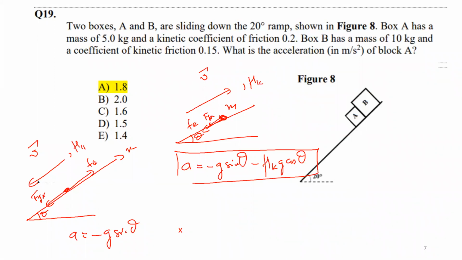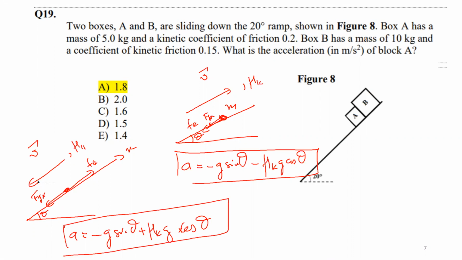So you'll have minus g sine theta from the weight, but the friction will be opposing, so you'll have plus mu k g cosine theta. Here it's a plus because the weight is pulling down but the frictional force is opposing. In the up case, both of them are in the same direction, pulling down.